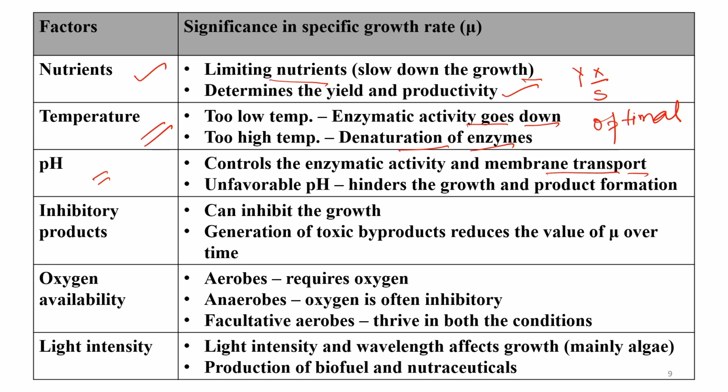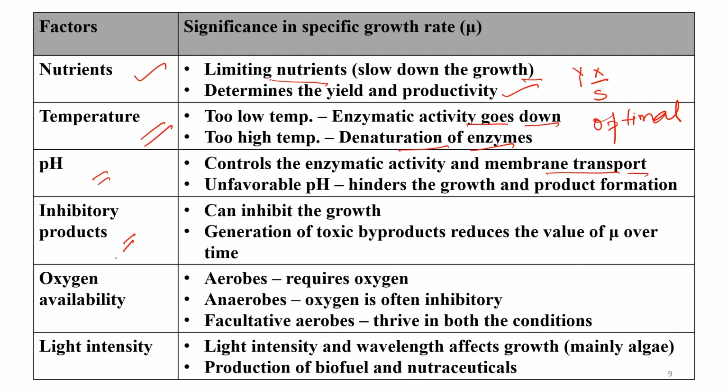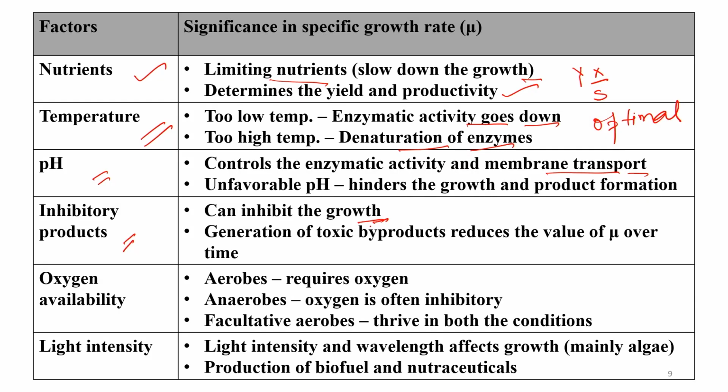So, they are sensitive to the pH conditions. Inhibitor, we have already discussed different types of inhibition, irreversible and reversible inhibitions. Once there are inhibitors, they inhibit the cell growth, and once there is an inhibition of the cell growth, it reduces the value of specific growth rate.